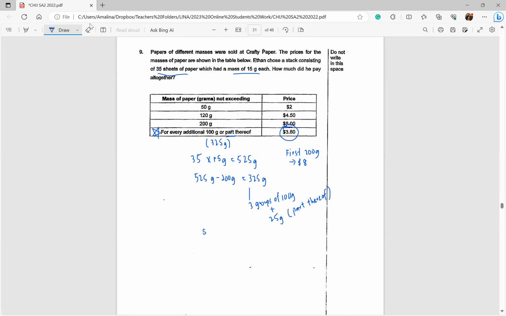So $3.80, I multiply by 4. So this gives us $15.20. Okay, once I get my additional $15.20, add back to your $8. So $15.20, I plus my $8, I get my $23.20.